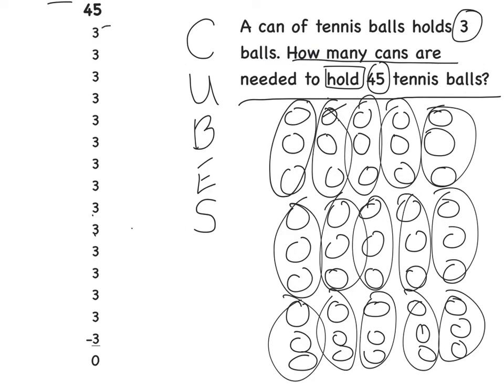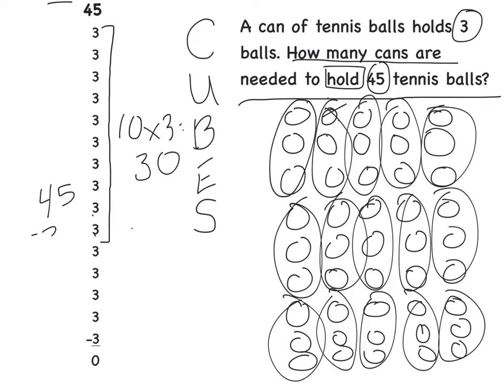So if I count down 10, 1, 2, 3, 4, 5, 6, 7, 8, 9, 10. So here, if I have 10 3s, then I have used up 30 of the tennis balls. Well, if there are 45 and I've used up 30 to this point, that means I still have 15 left to use. So I continue to subtract 3.